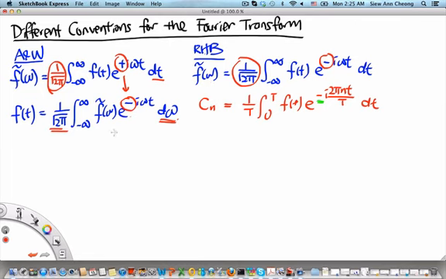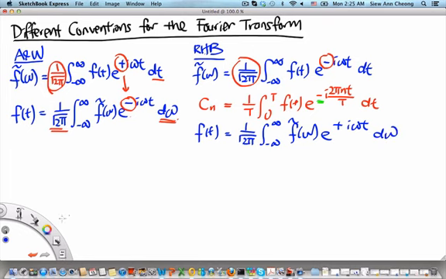Now if we use the convention of Riley, Hobson, and Bence, then f of t is 1 over square root 2 pi, the integral from minus infinity to infinity, f tilde of omega e to the plus i omega t d omega.